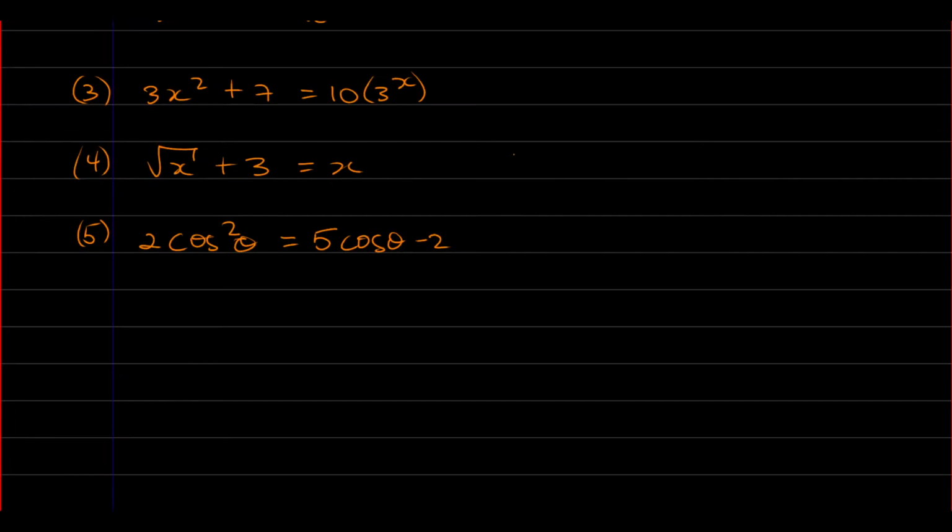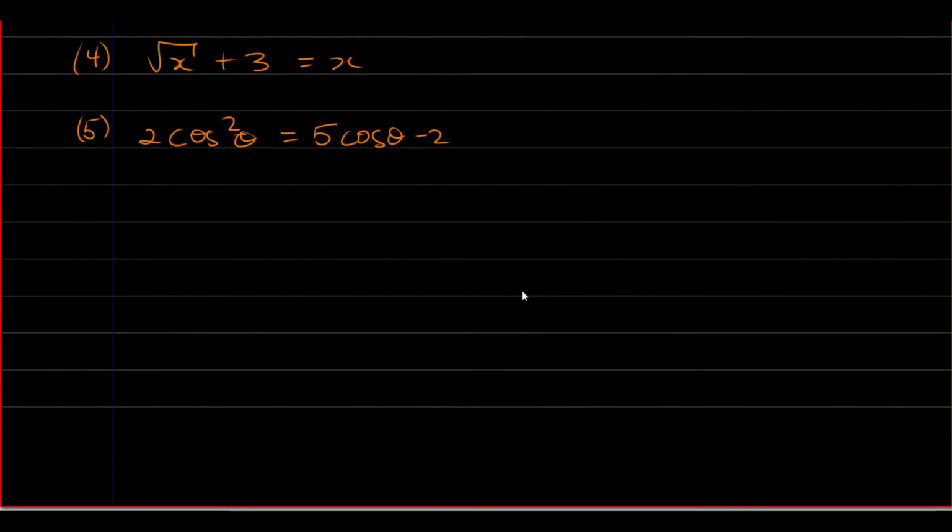Then 6: x to the 6th power plus 4 or 5 x to the 3rd. 7: we have 2 over x plus 7 equals 3 over x squared.